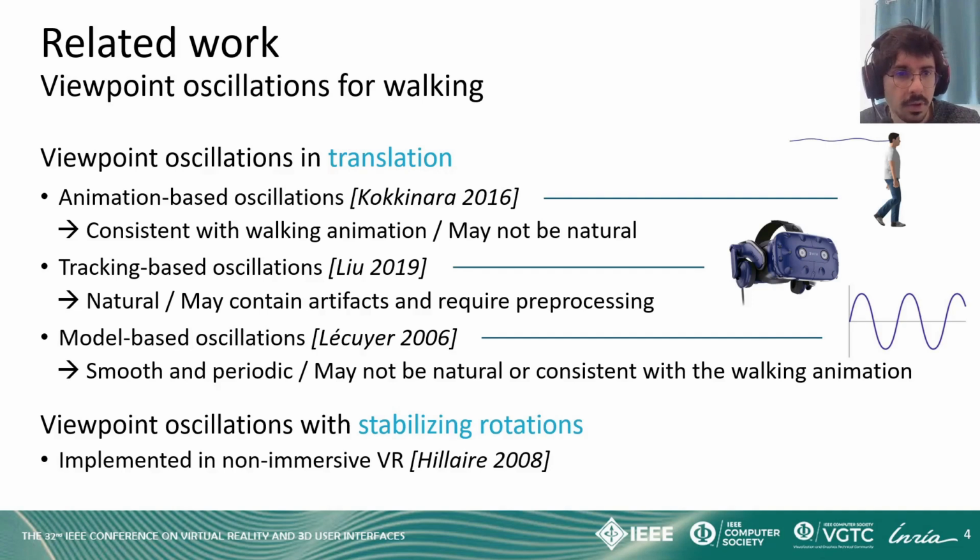And finally, model-based oscillations consist in using mathematical functions to simulate this oscillating motion, which makes them smooth and periodic, but like animation-based oscillations, may not be consistent with the walking animation or natural. Moreover, the stabilizing rotations of the head and eyes have been implemented, as I said in the motivation, only in non-immersive VR.